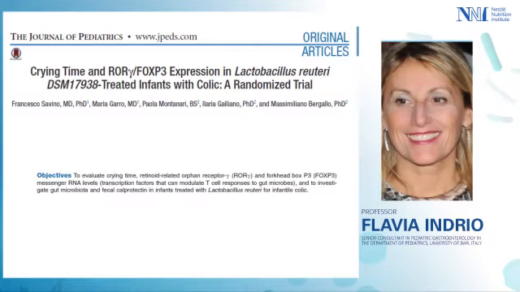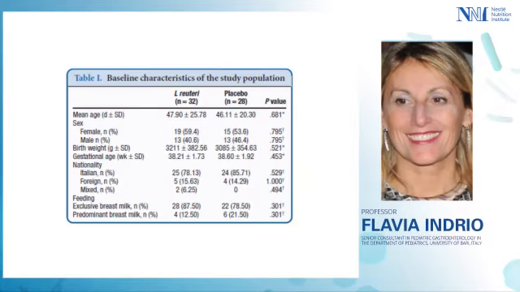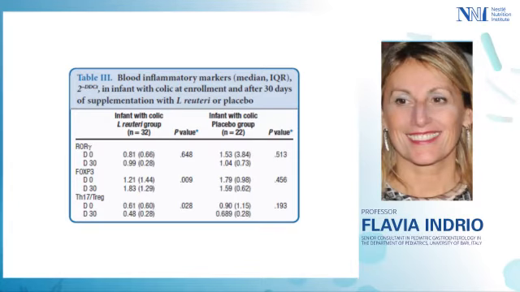And one year ago, Dr. Savino checked how this Lactobacillus reuteri had an effect on changing the inflammation of the intestine and the inflammation of the cytokines in the blood of babies affected by colic. He took two groups of babies affected by colic and randomized them to receive Lactobacillus reuteri or placebo. What he showed was that the babies supplemented with Lactobacillus reuteri had a difference in this kind of cytokine in the blood.